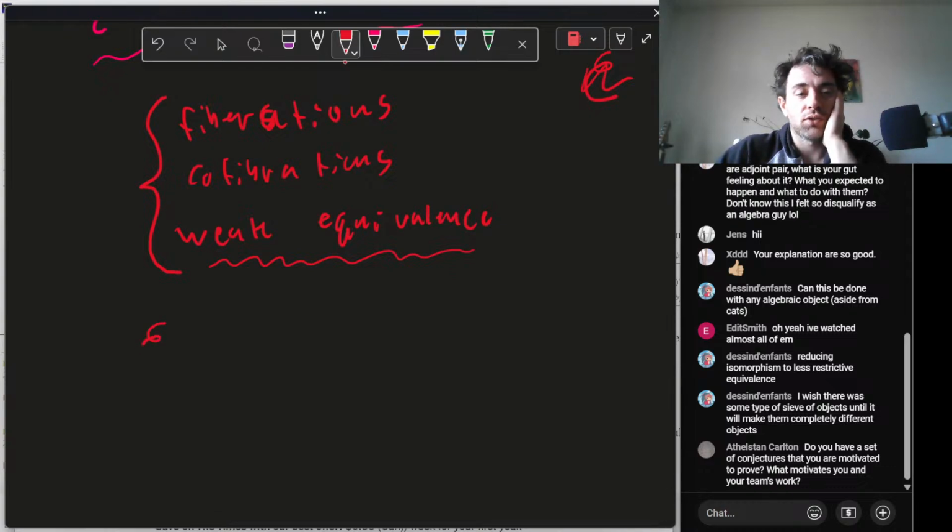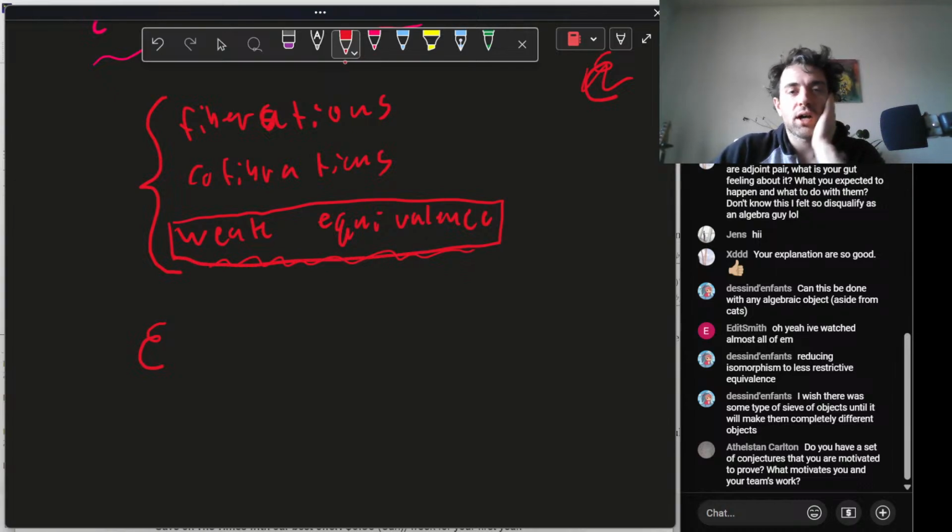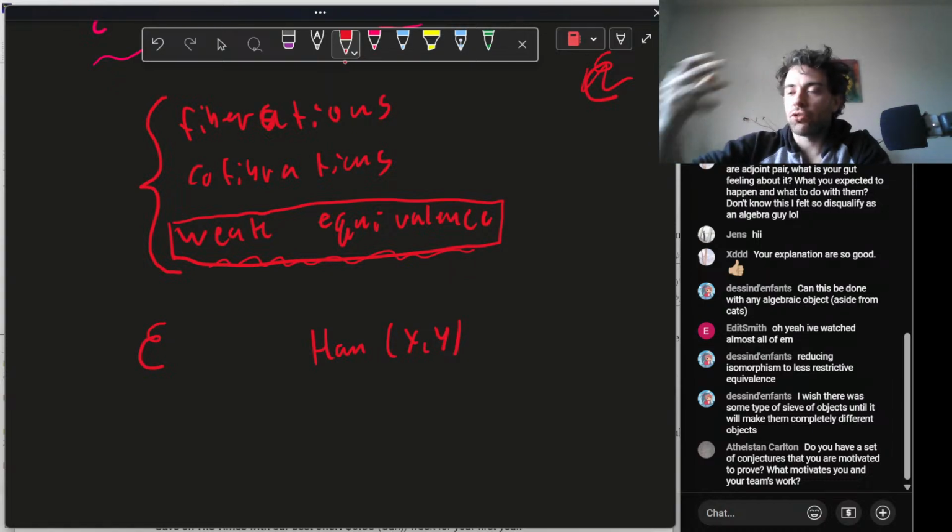If you take any category, under certain assumptions you can take a class of maps that you decide you want to be equivalences, and put an equivalence relation on the Hom sets that is compatible with composition.